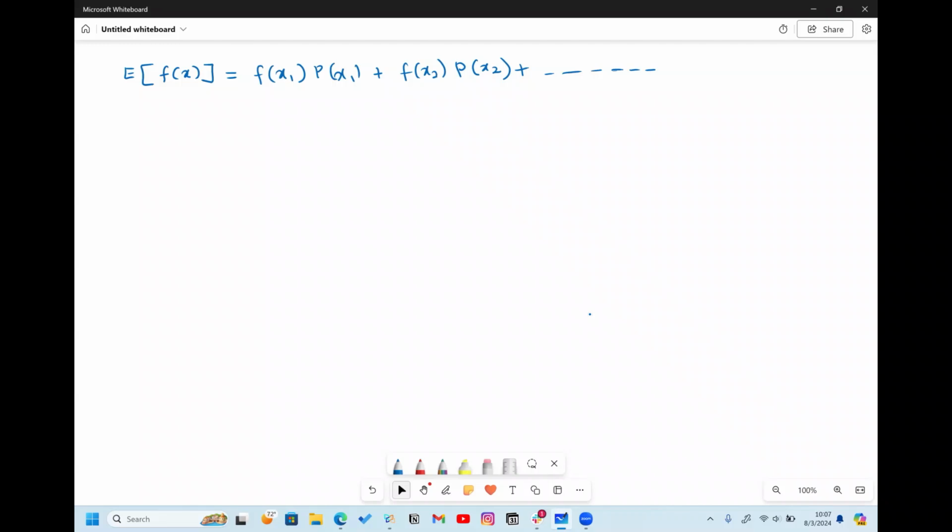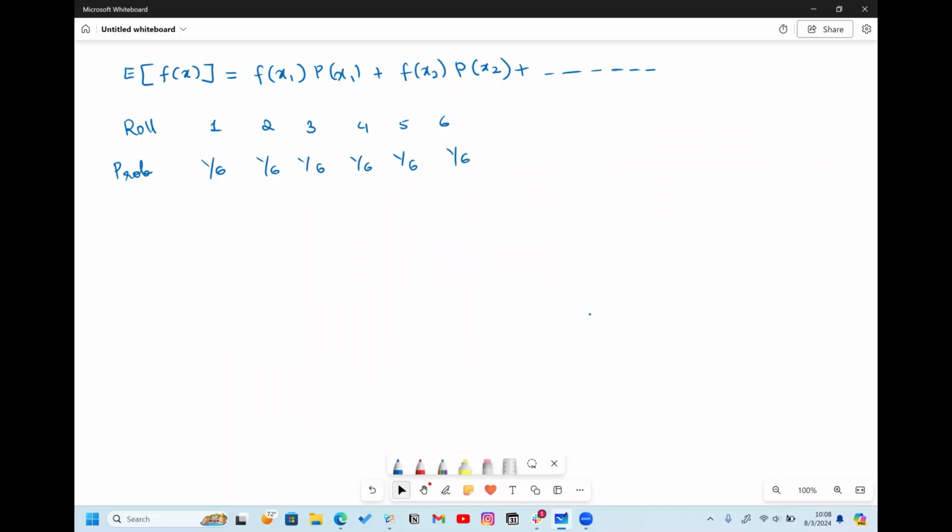To give you an example, before that, let me give you the data. Say we have rolled a dice, and the rolls are 1, 2, 3, 4, 5, 6. And the probabilities for it are all 1 by 6, because it's equally likely to get any one of the numbers.